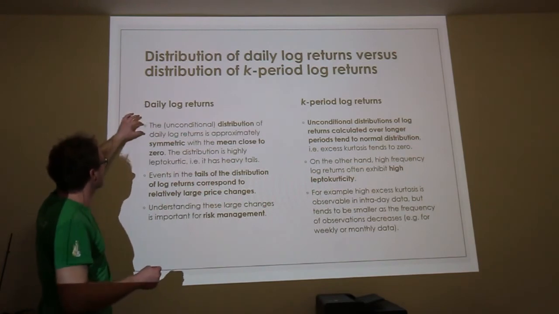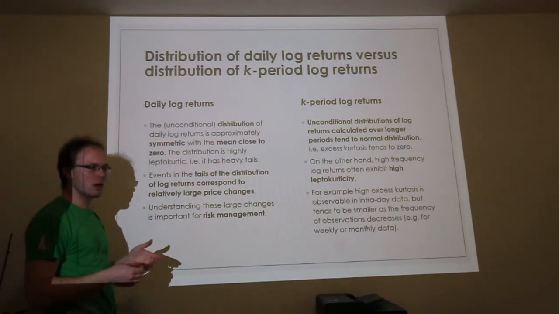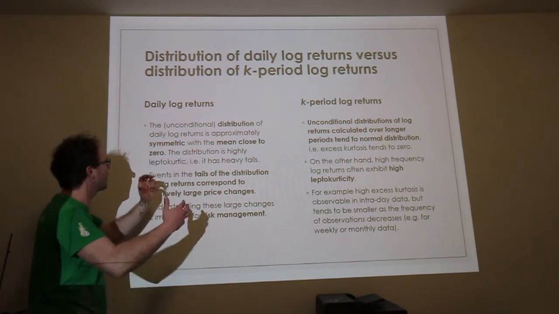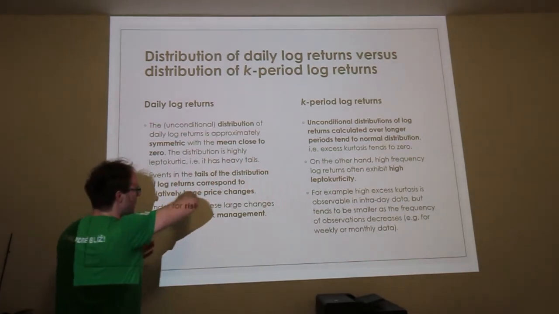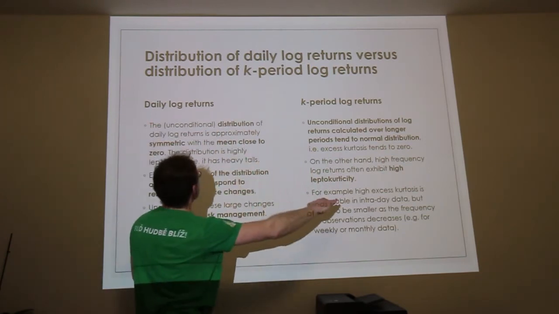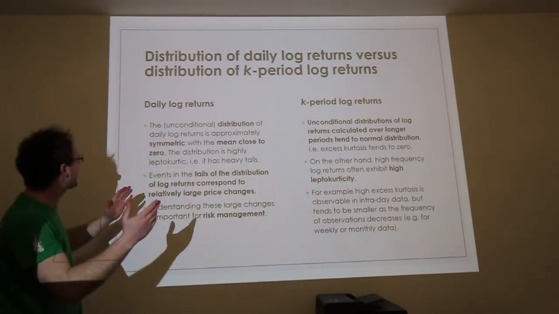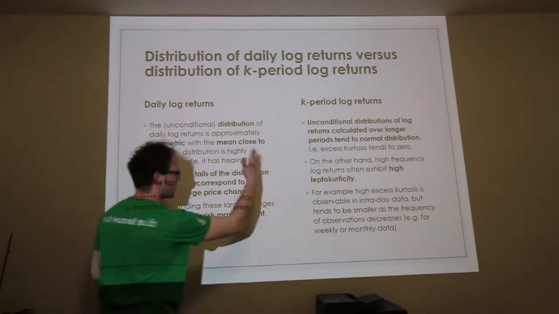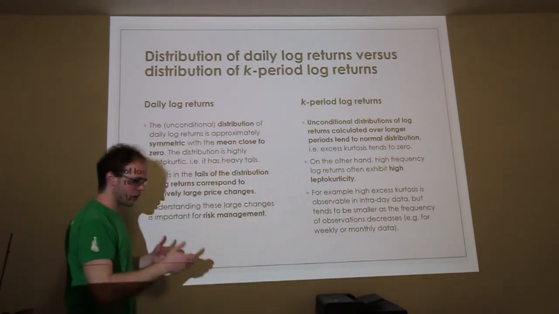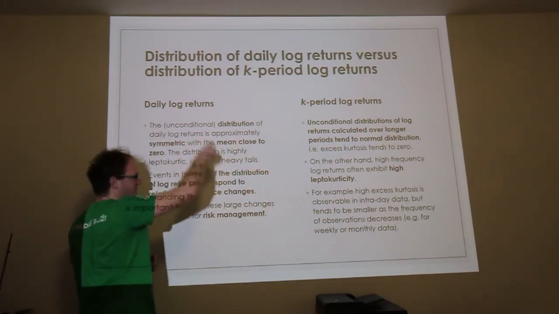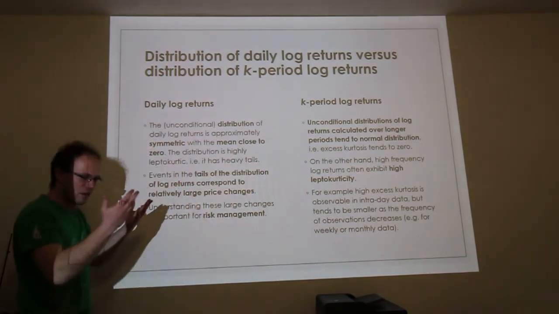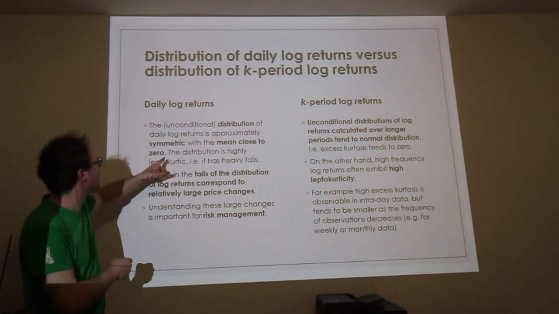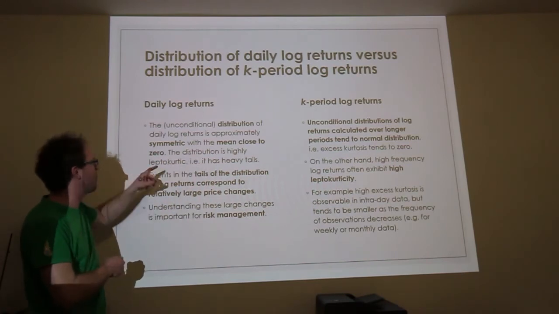Daily log returns. The unconditional distribution of daily log returns is approximately symmetric, with the mean close to zero. The mu very close to zero. If you remember the development, that was the mean very close to zero. The distribution is highly leptokurtic.